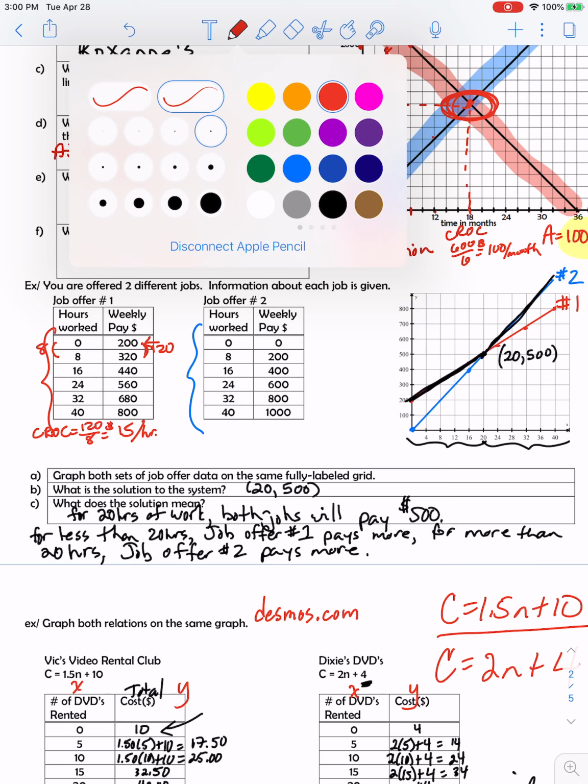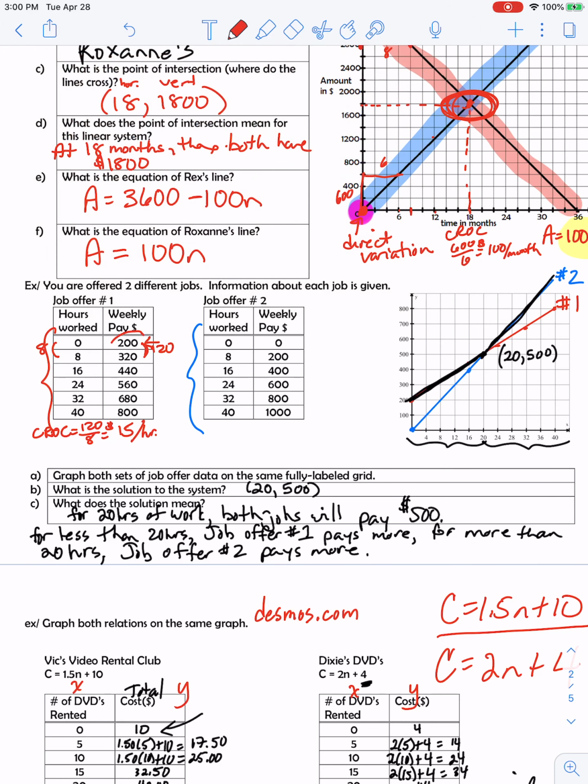So if I take a look at, say, the first one, the starting value is 200. I've already figured out what the rate of change is. So the pay is $200 plus the rate times the hours worked, and let's say that's H. And then for job offer number 2, the starting value is 0.